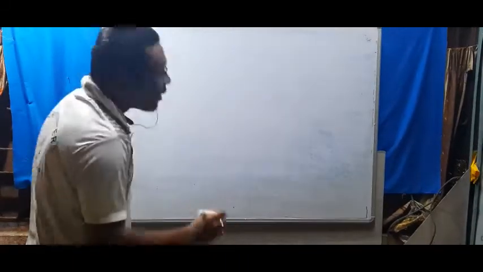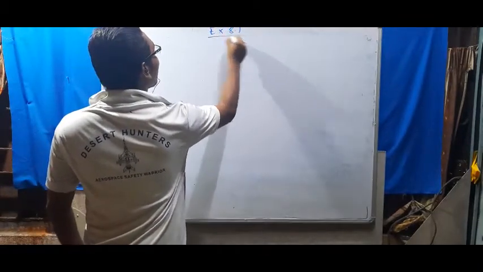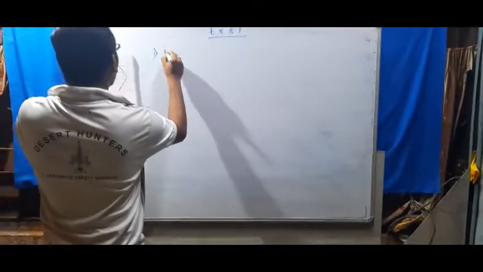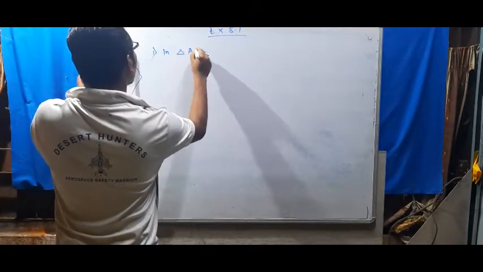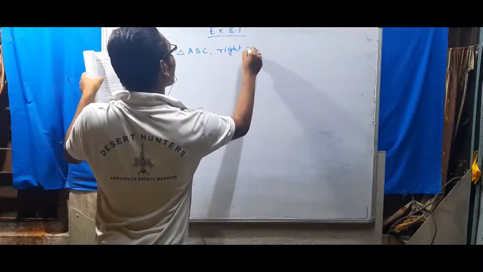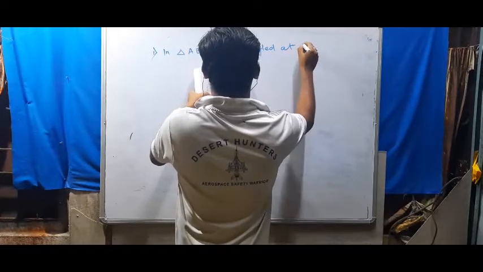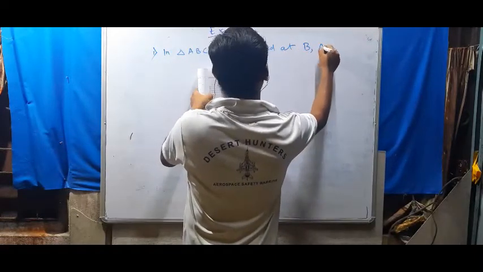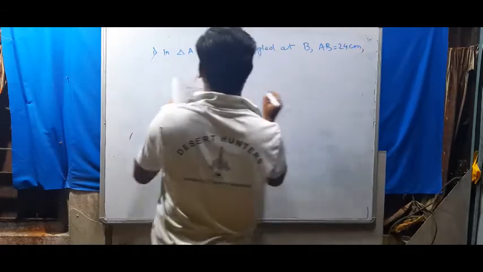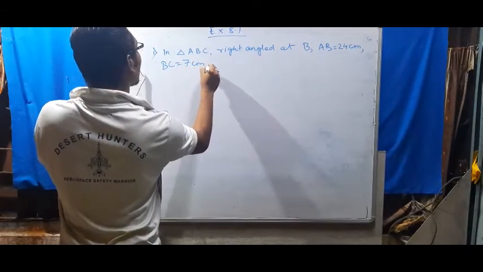So in exercise 8.1, what is given? Number 1, in triangle ABC, right angled at B, AB equals 24 centimeter, BC equals 7 centimeter.